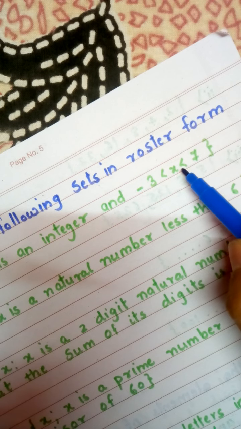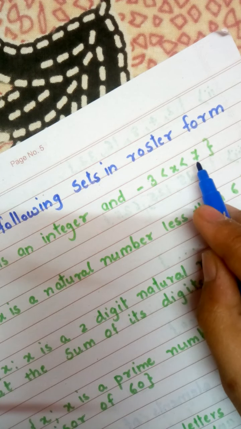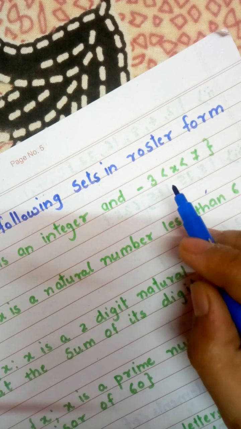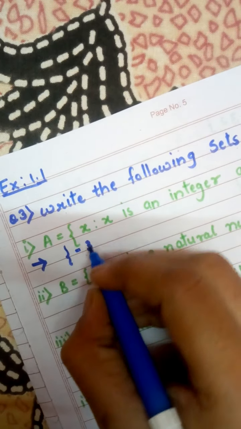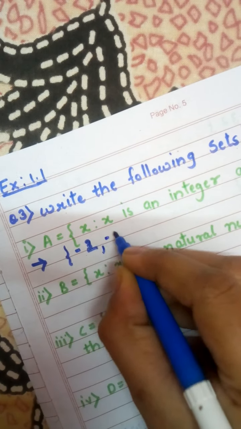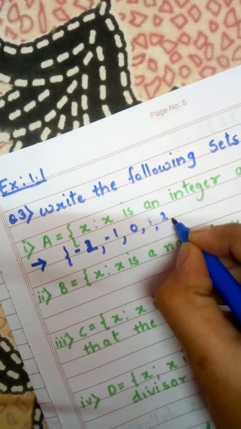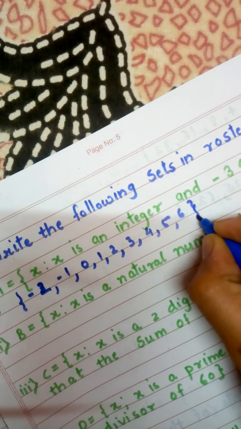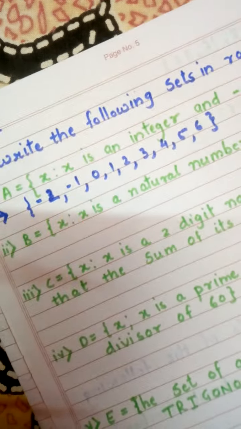If there was an equal to sign, then we would have included -3 and 7, but since the equal to sign is not there, we cannot include -3 and 7. So here we will write -2, -1, 0, 1, 2, 3, 4, 5 and 6. Okay, so this was the solution to the first question.